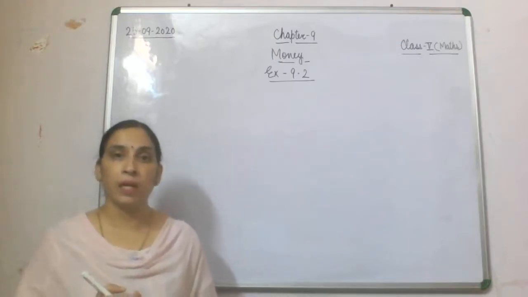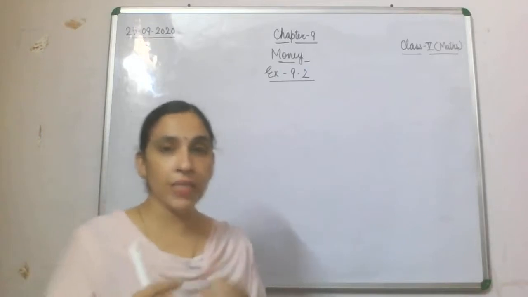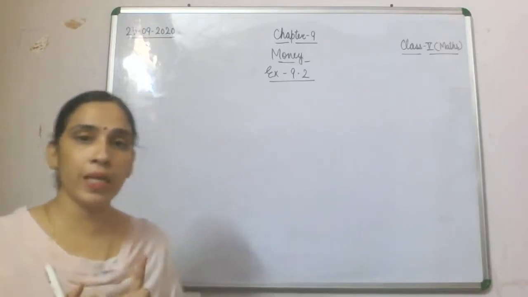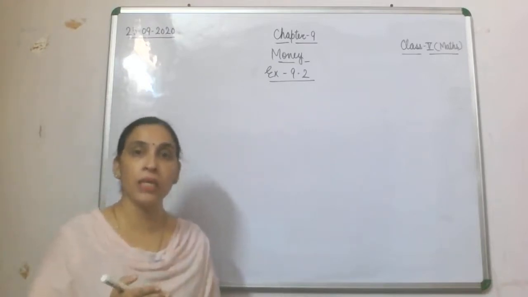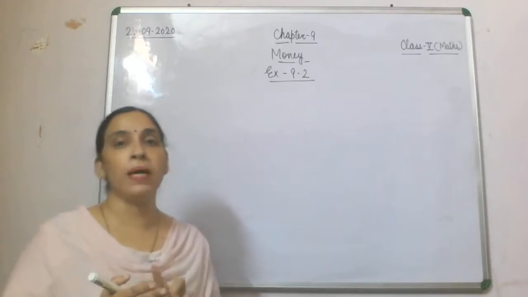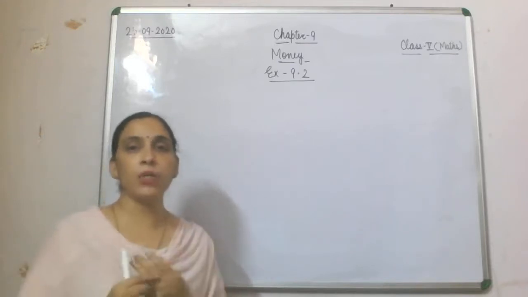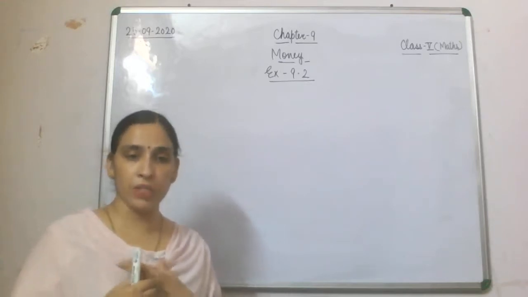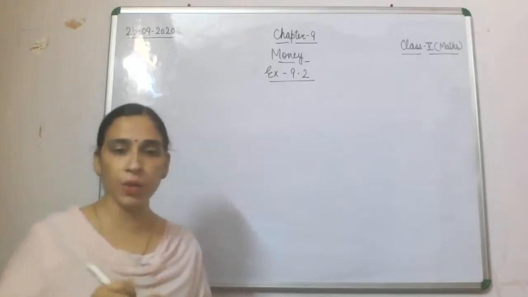Pankaj has spent some amount on dress and then some amount on books. Now the question arises, what is the total expenditure, or how much money was spent by Pankaj. So you have to tell the total money that you are supposed to find out. So let's find it out.